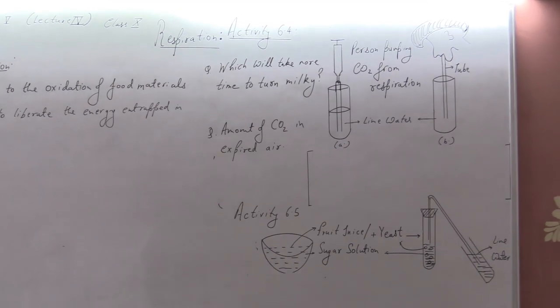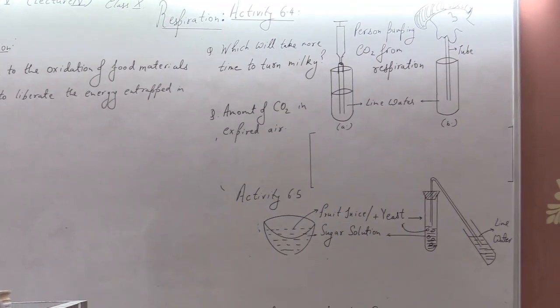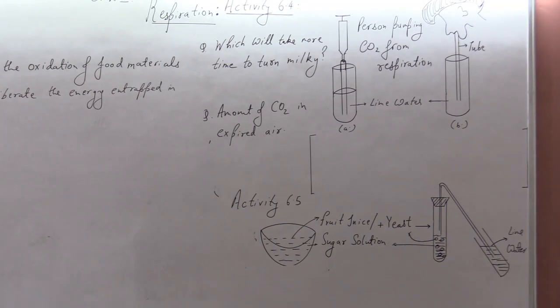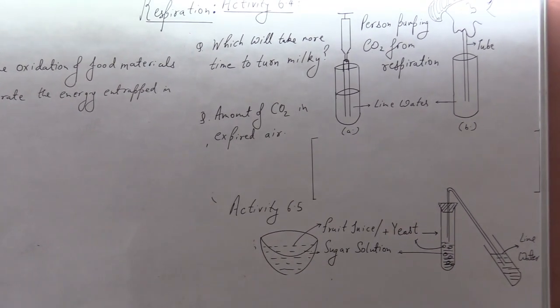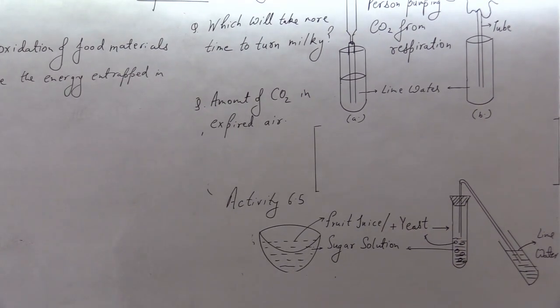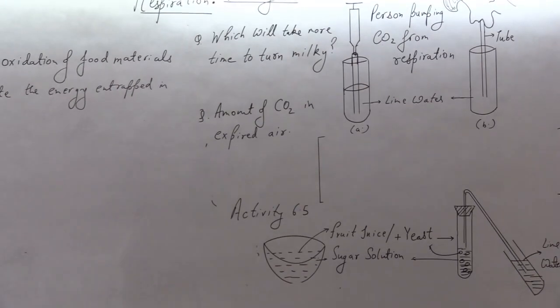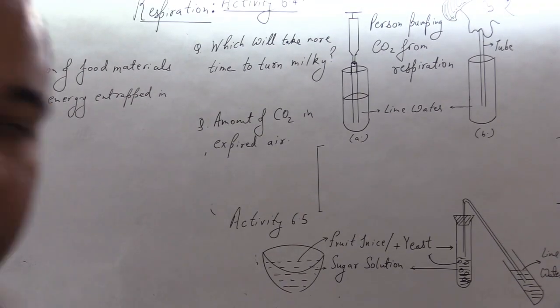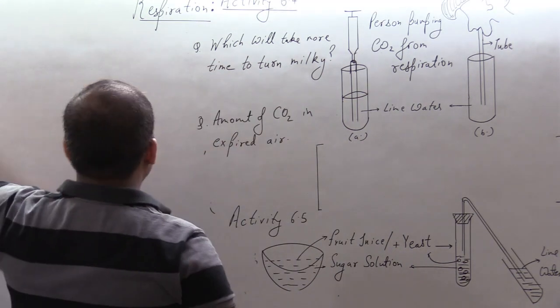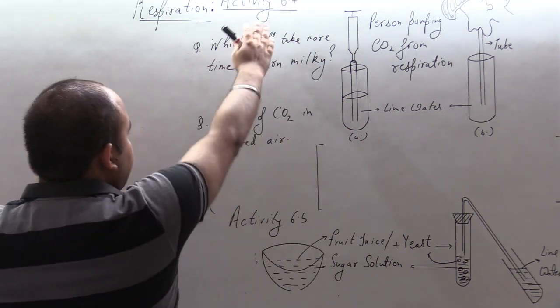Now probably all of you might be able to zoom into it and have a look at the activities provided by NCERT. Okay, far better. So we can look here. These are the activities that we have to understand.